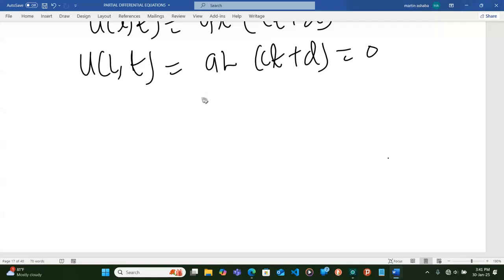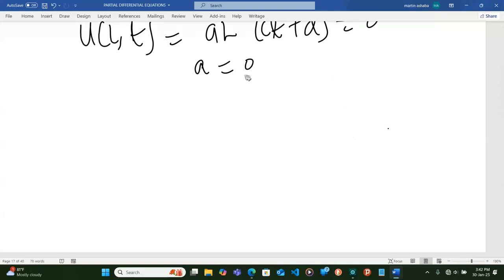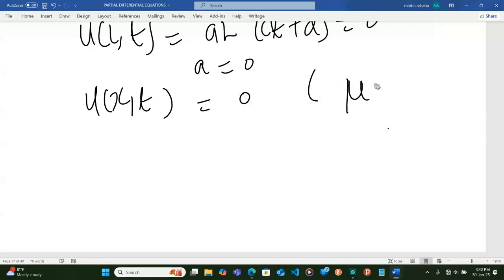So I'll have a equal to 0, and then therefore this will again give us a non-oscillatory solution because a is equal to 0, b is equal to 0, and so you'll find that u x t will also equal 0. That is when nu is equal to 0.